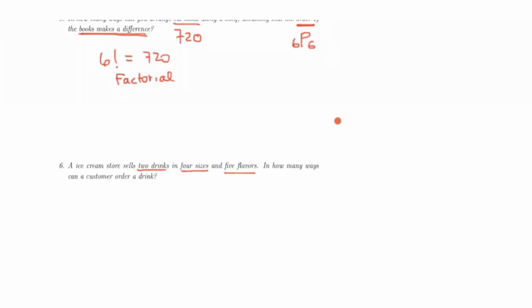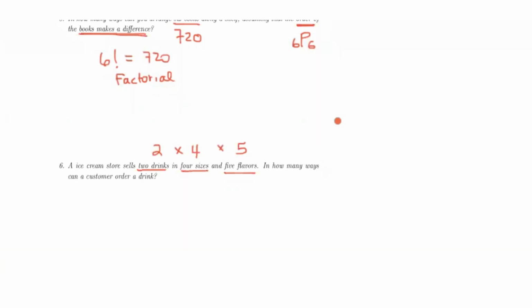I did, but I'm not sure if I got this one. I did 5 permutation 4, which got me 120, and then because there's 2 drinks, I multiplied that by 2 to get 240. Okay, so 2 drinks, 4 sizes, 5 flavors.